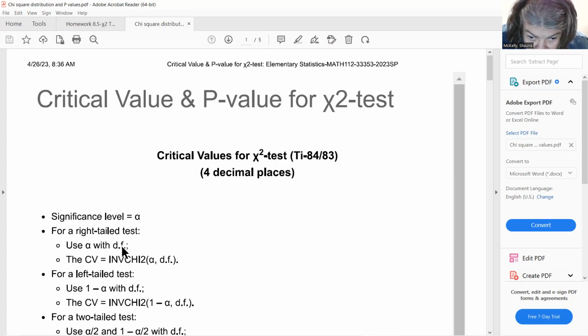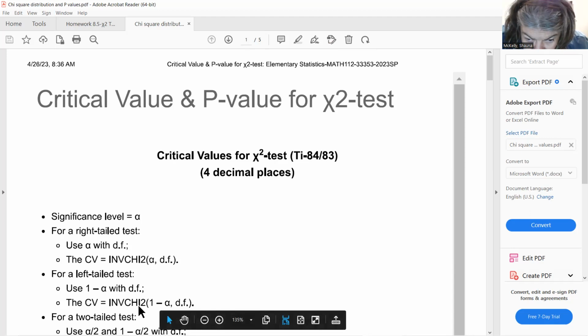If it's a right tail test, you're going to use the critical value as inverse chi, alpha, and DF. For a left tail test, you have inverse chi squared and 1 minus alpha and DF. But if it's a two tail test, there's a little nuance that you should be aware of.